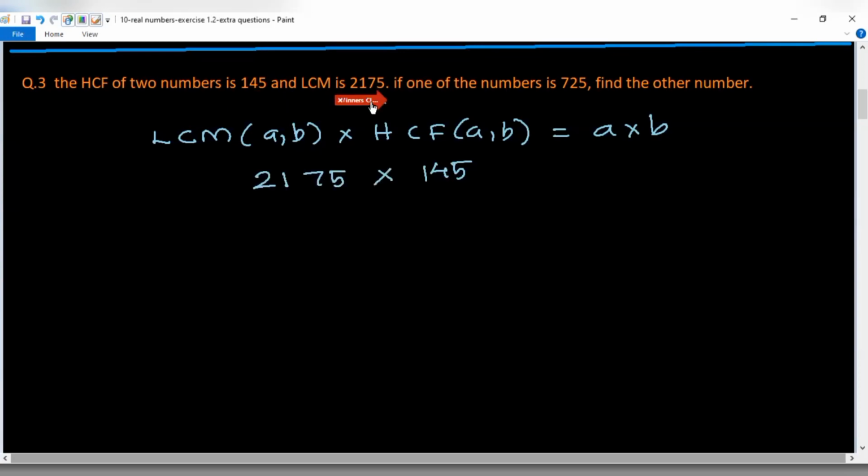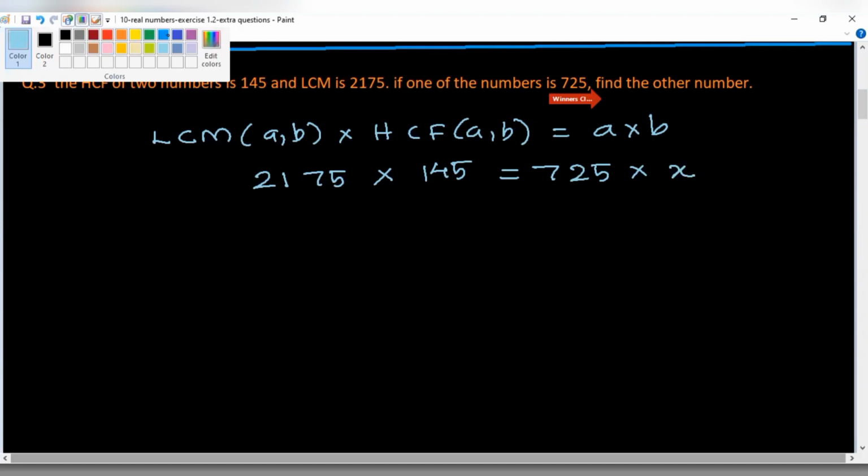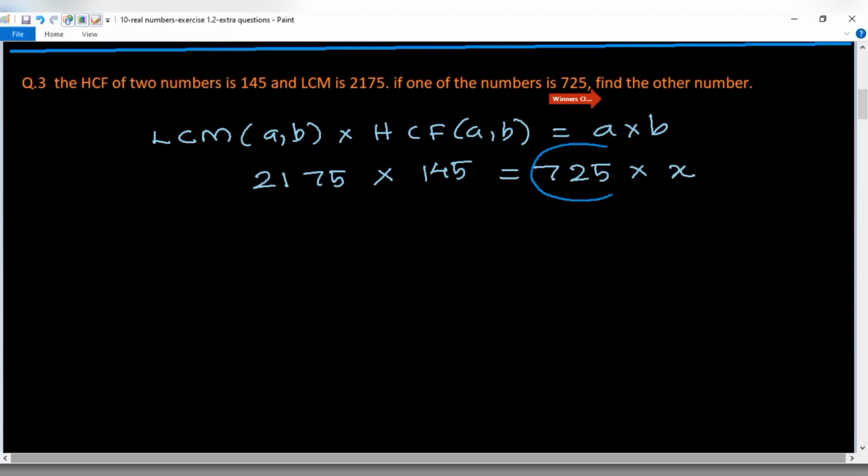So the product of this LCM and HCF, we need the product of numbers. And one of the numbers is given as 725. So the other we have to find, let us take it as x. In order to get the value of x, we have to move this 725 to the other side. Here it is multiplication. The operation is multiplication. When it's taken to the other side, we have to do division.